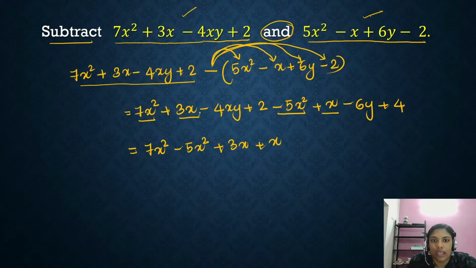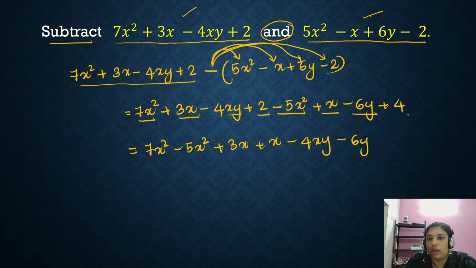Now only one xy term is present, so you can write minus 4xy. Then only one y term is present, so you can write minus 6y. Then come the constant terms 2 and 2, so plus 2 plus 2. So we have picked out the like terms, we have combined them. Now it's time to operate.